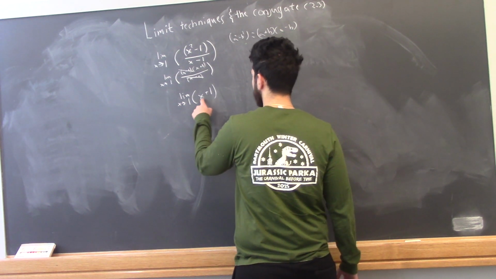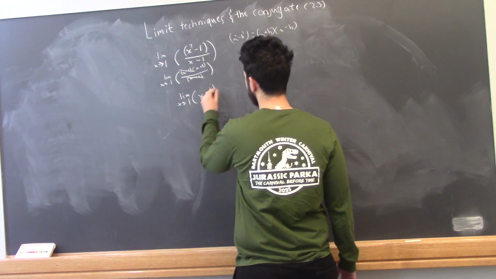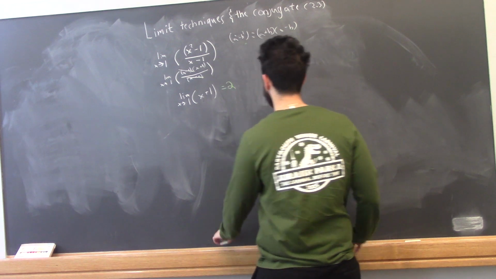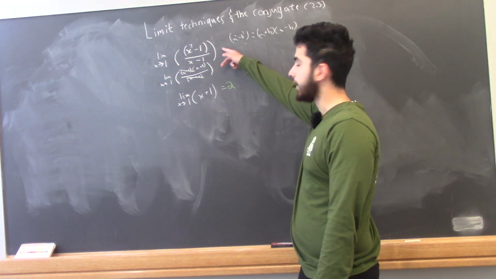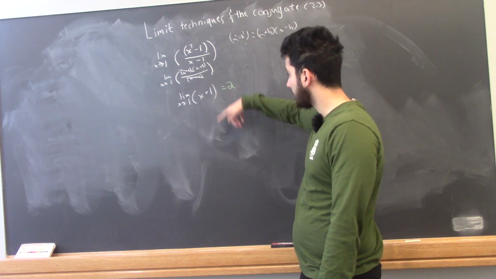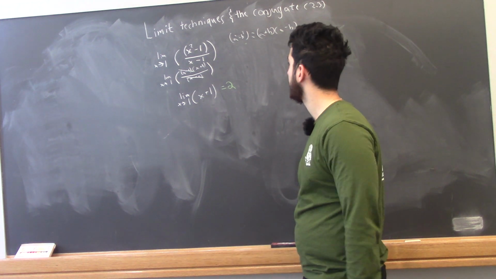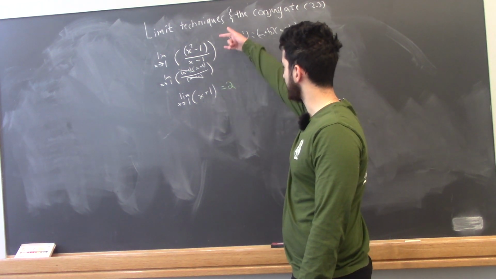Where is x? x is here, so we'll have to plug in x equals 1 here, so this becomes 1 plus 1, and that equals 2, right? So when you can factor it out, if you get an indeterminate form, you can then hopefully get a nicer, concise answer. And this makes sense, right? We didn't really change the value of it, we just changed how it looked.